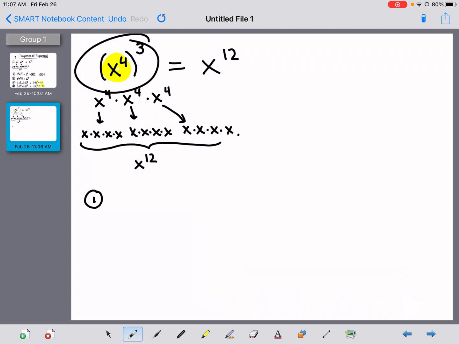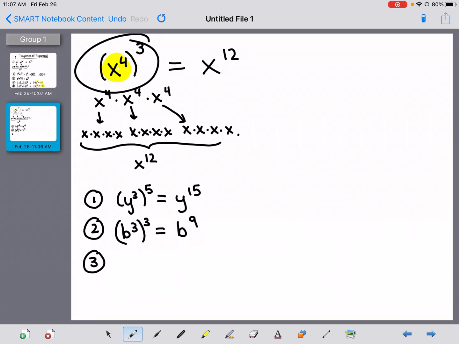So on this property, here's an example. If we have y to the 3rd to the 5th, multiply the exponents. Here's another example. Multiply the exponents. 3 times 3 is 9. If we have a number there, keep the base the same. The base is the 7.